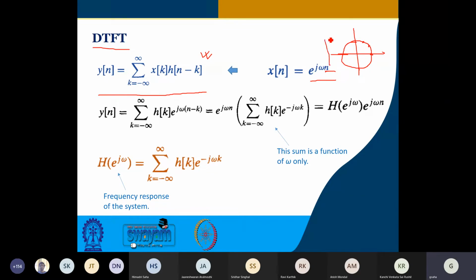This n is an integer, while this omega is continuous. And this omega is your theta.